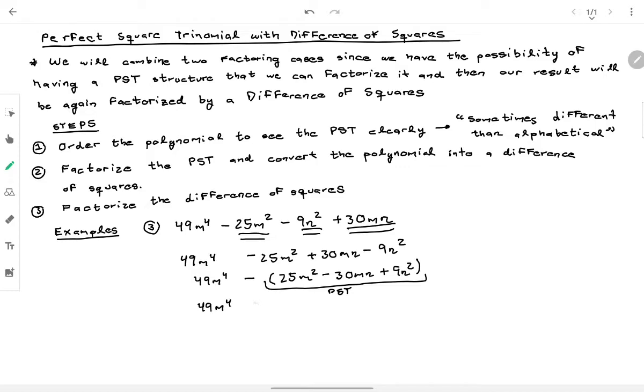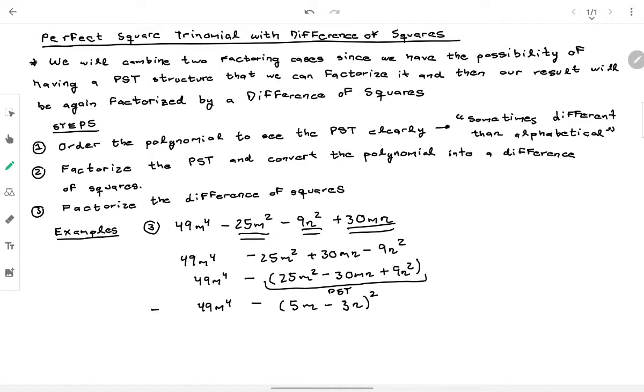In this case, it's going to be 5m minus 3n, all of it squared, because 5m is the square root of 25m squared, 3n is the square root of 9n squared. If I multiply 2 times 5 times minus 3, it's going to be minus 30mn.